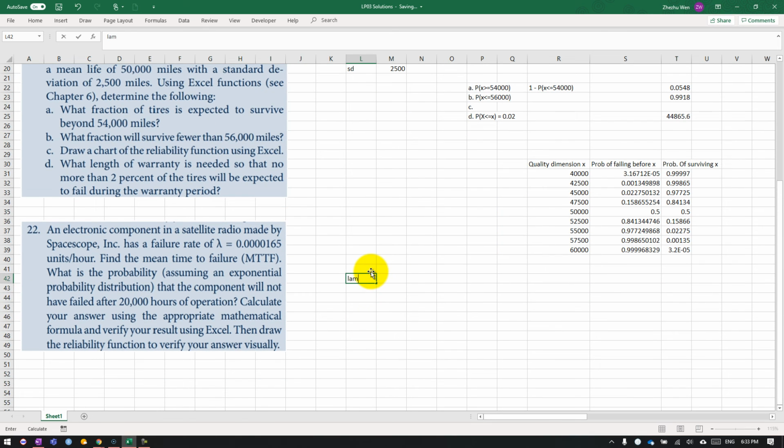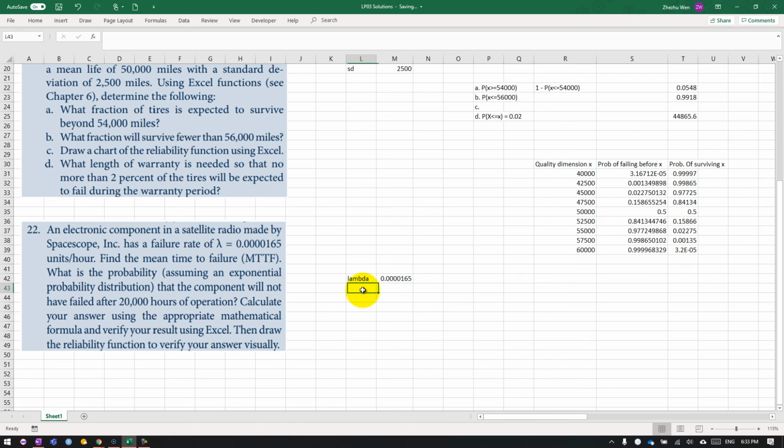We have lambda naught at 0.0000165, and the mean time to fail is going to be 1 over this. This is actually pretty reliable. It won't fail until more than 60,606 hours or so.